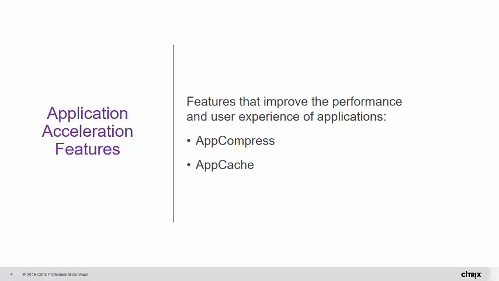The second feature for acceleration is app cache, which will cache the contents delivered by the backend server. Your NetScaler will cache those contents, and if another user requests the same content, the request will not be forwarded to the backend server, but the NetScaler will itself deliver those responses. For that we have the app cache feature.